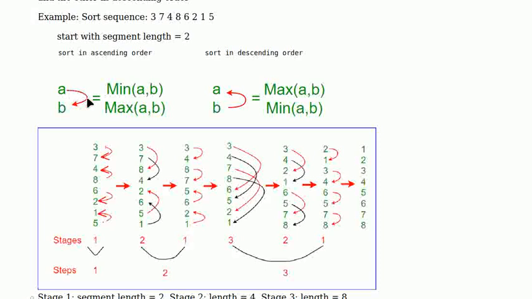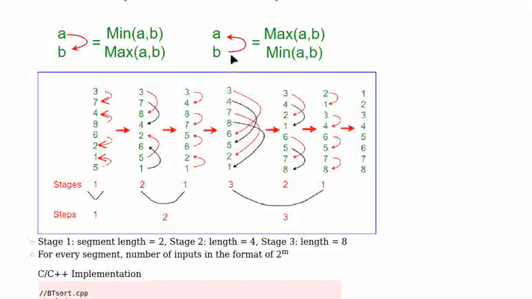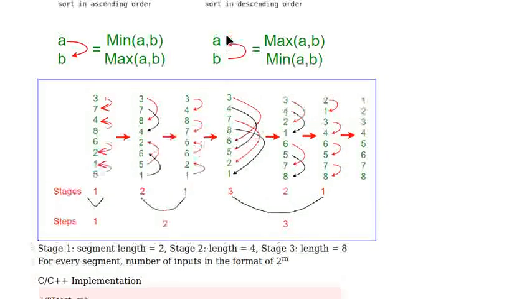So basically, the arrow points to the bigger element. And this symbol denotes sorting in descending order. That means maximum at the top, minimum at the bottom. Again, the arrow points to the bigger element.